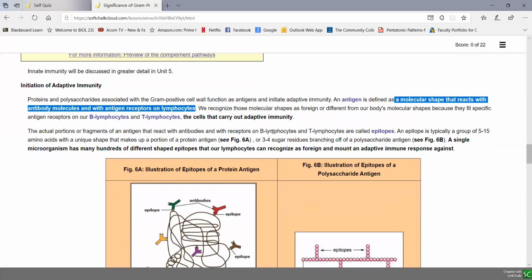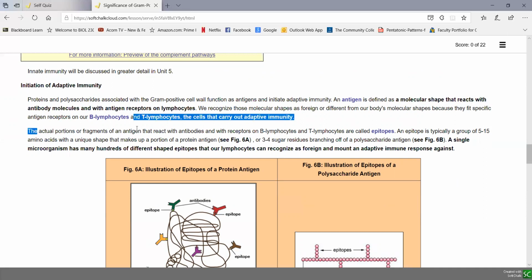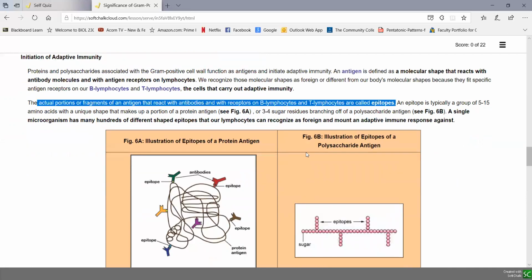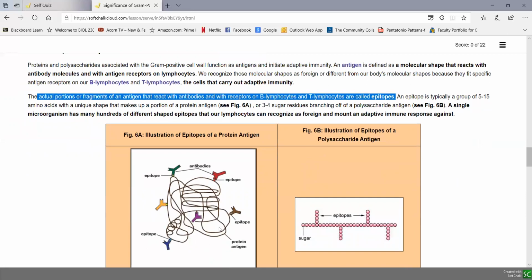But we don't actually recognize the whole protein or polysaccharide. We recognize just little bits of that called epitopes. So the actual portion of the antigen that fits the antibody or fits the receptors on the B lymphocytes or T lymphocytes are epitopes.